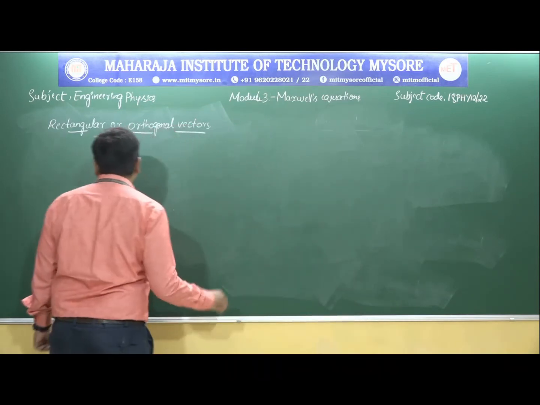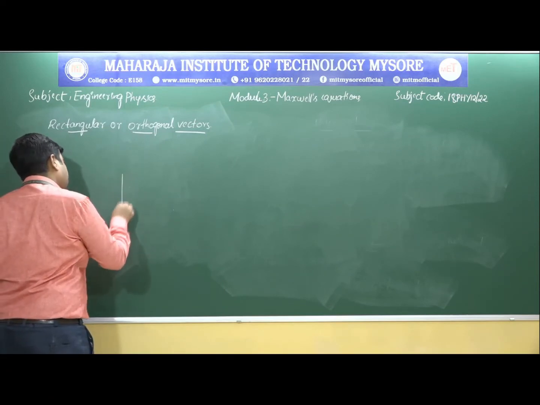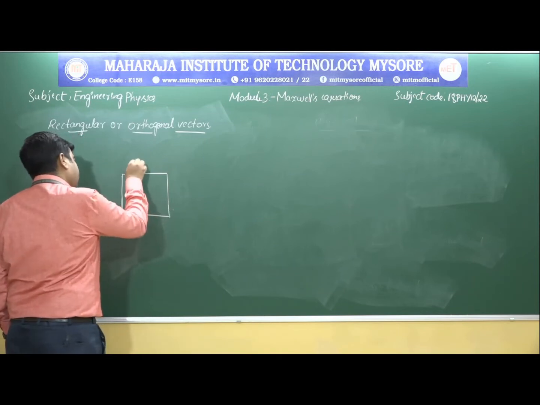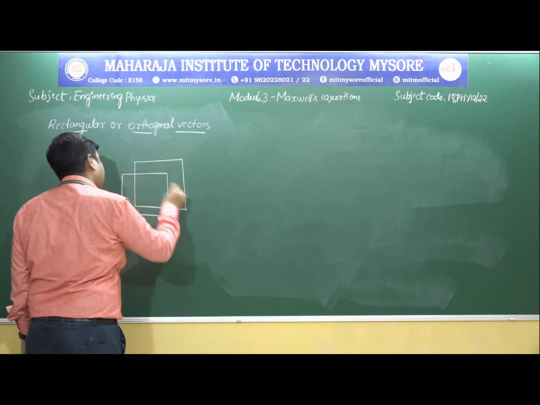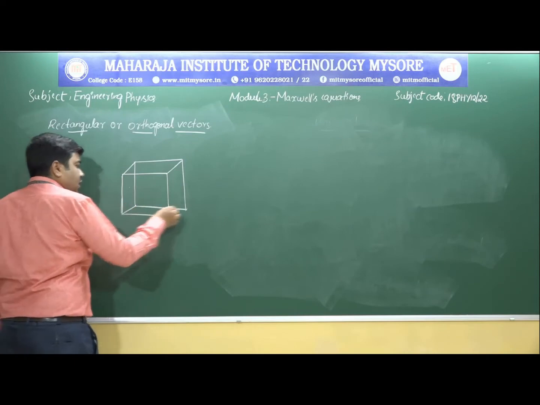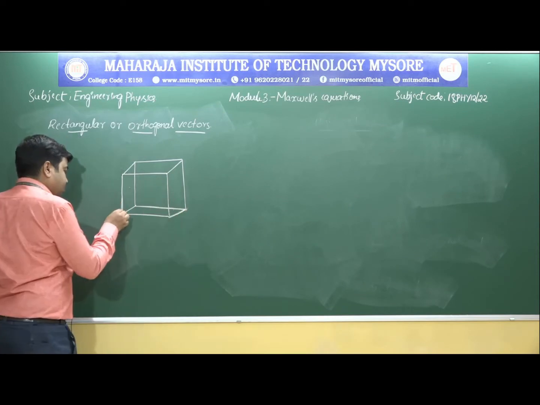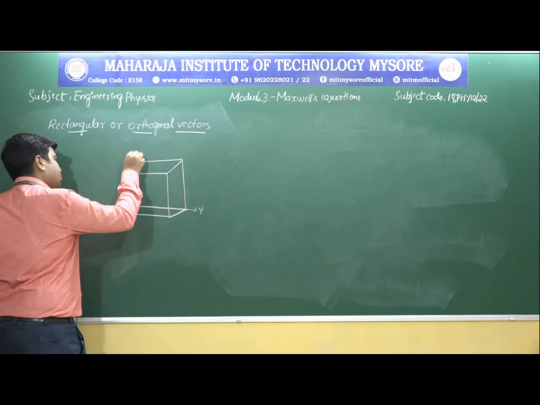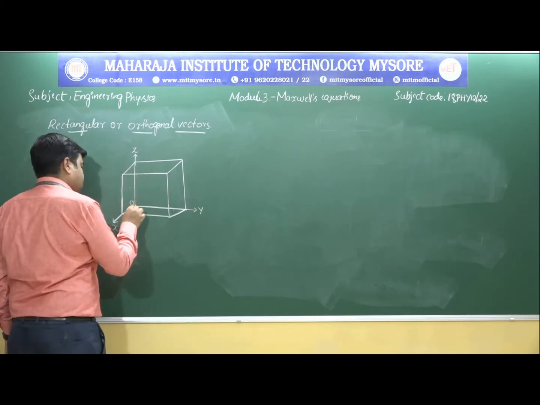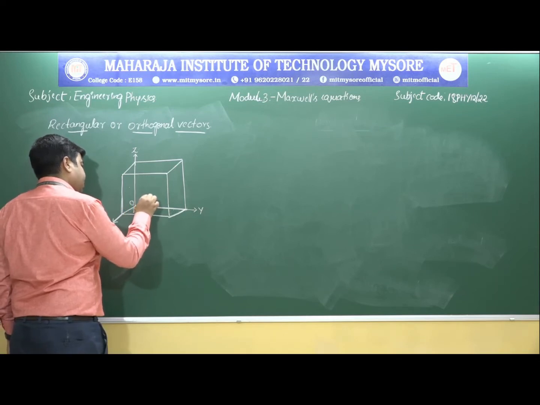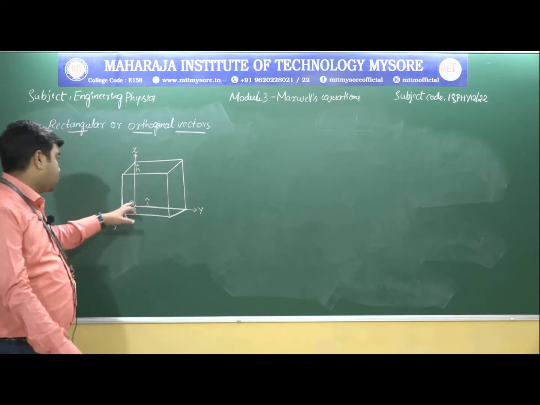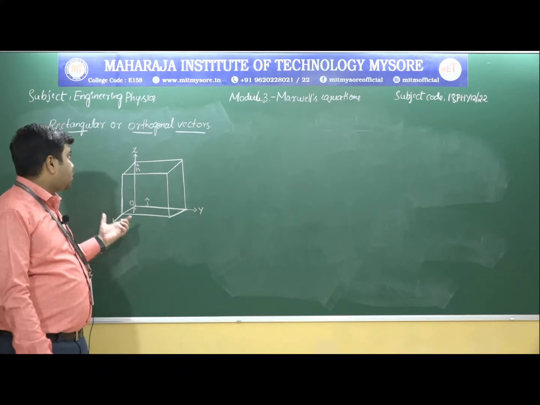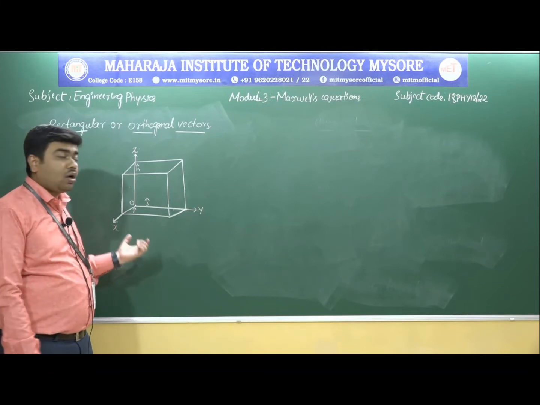Let us draw a figure of a cube and consider a vector in three-dimensional space from the origin O. If the vector is resolved into its components along Ox, Oy and Oz, such a resolution is called rectangular components or orthogonal vectors.